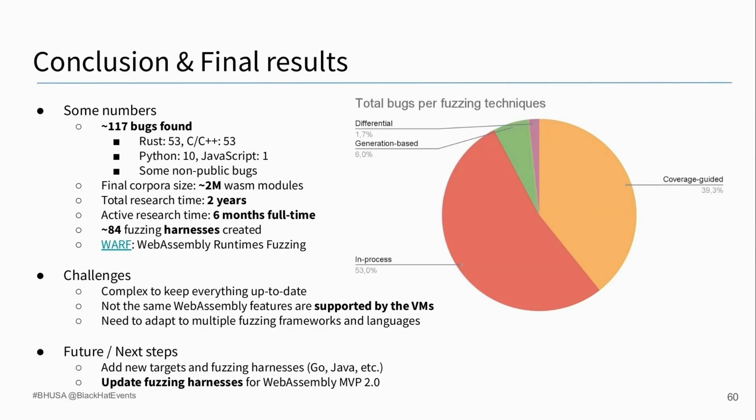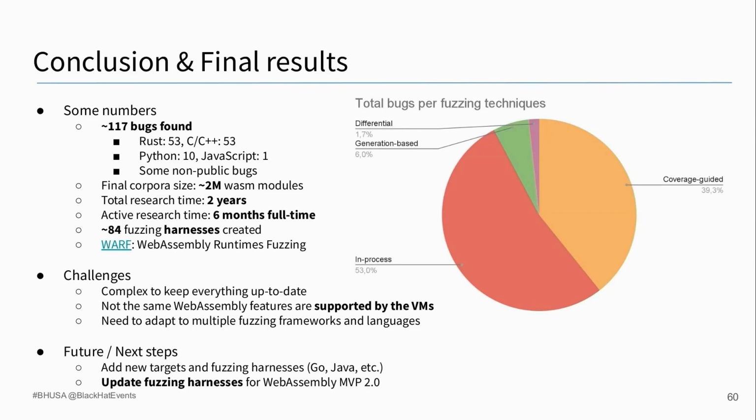The good part is, if a new tool comes out in the wild that parses WebAssembly binaries, I can just take all my corpora, do corpus minimization on it, and I will get something that reaches a huge part of the coverage for free.